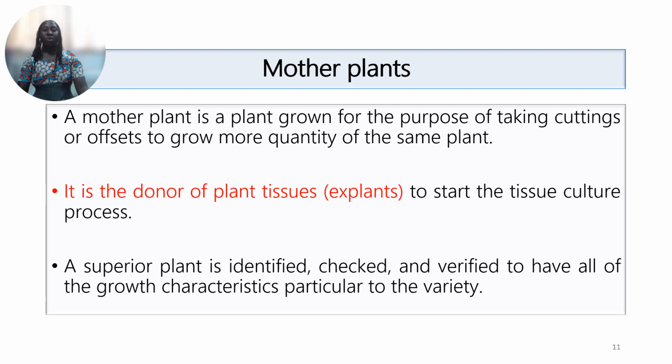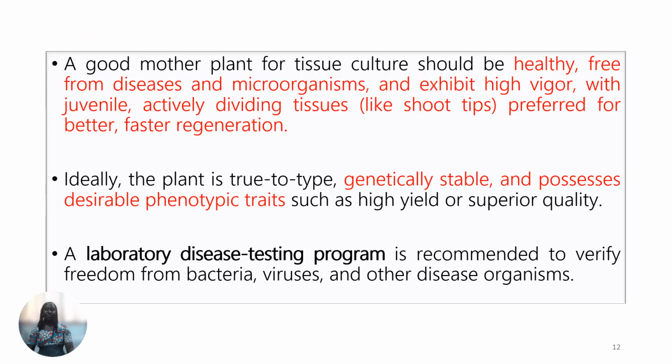So a superior mother plant is identified, checked, and verified to have all the growth characteristics particular to the variety. A good mother plant for tissue culture should be healthy, free from diseases and microorganisms, and should exhibit high vigor with juvenile, actively dividing cells like shoot tips, preferred for better, faster regeneration.